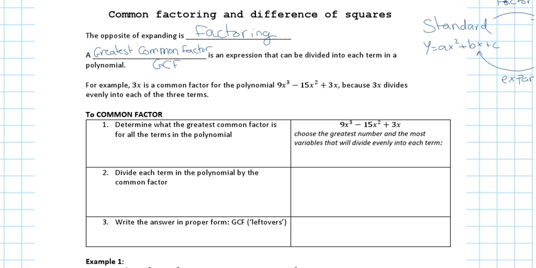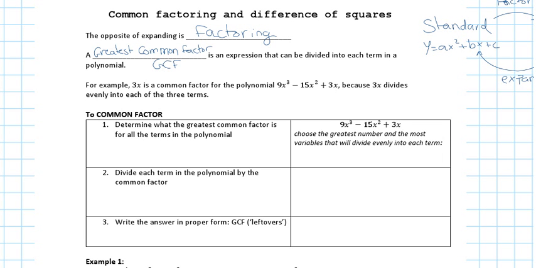So you look at your polynomial, you look at all the terms, and then you find a common factor, a number or a letter that I can divide each term by. We always start with the greatest common factor. The first thing you always have to think about is, do I have a greatest common factor? If you do, you have to factor it out first.